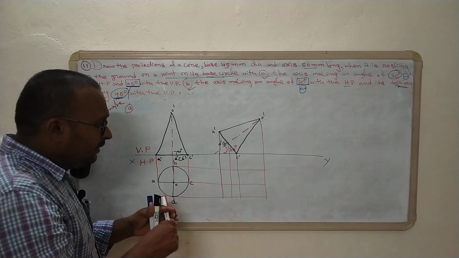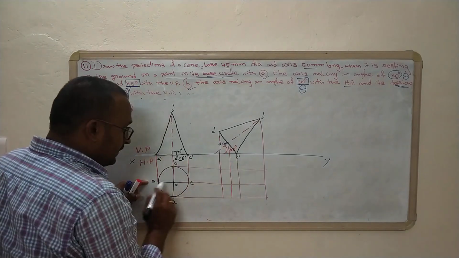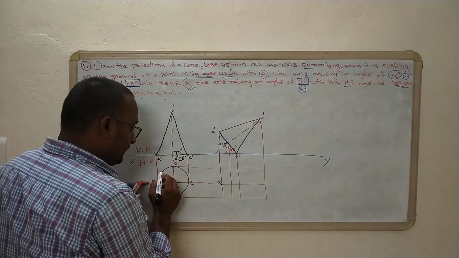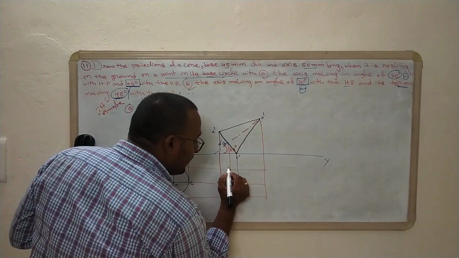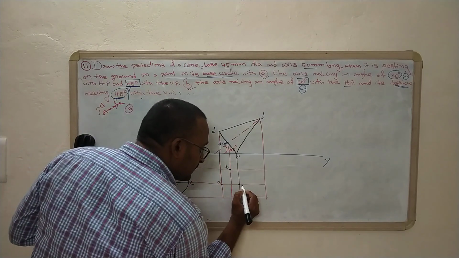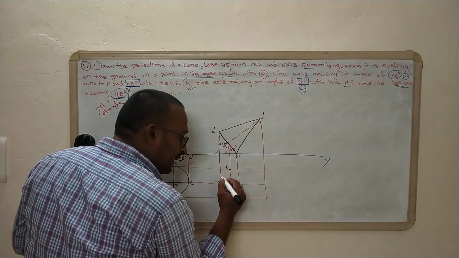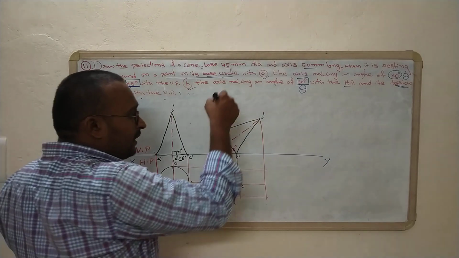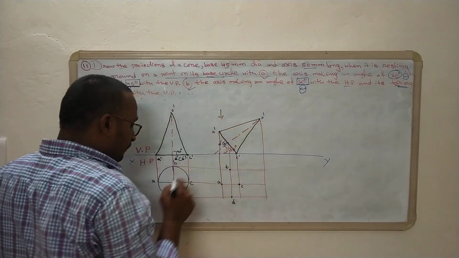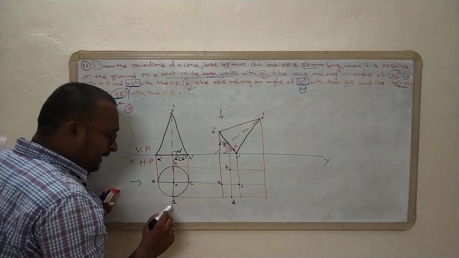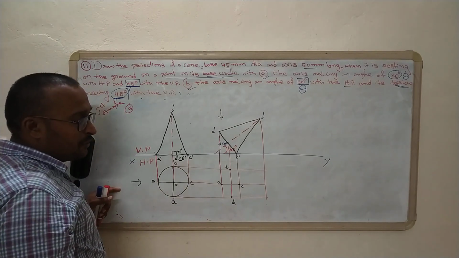Then we mark the A dash point as A, B dash as B, C and D. Here it is an elliptical shape, but when we see it from the top view, the BA and AD lines are going to be visible.